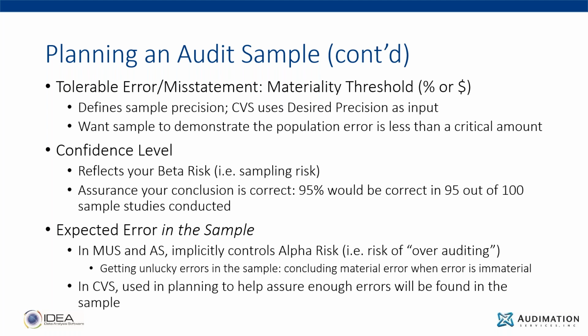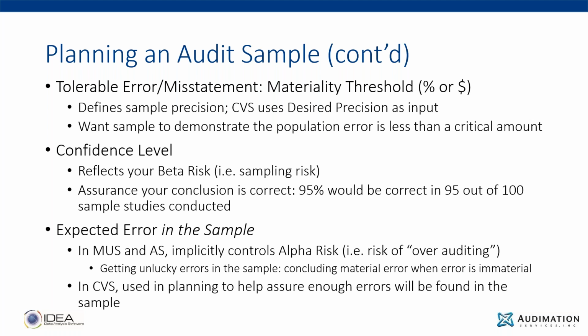So this basic example leads us to the basic inputs for how we plan an audit sample. What we do here is we look at something called tolerable error or misstatement, which is a materiality threshold, as a percentage or dollar amount that defines the sample's precision.